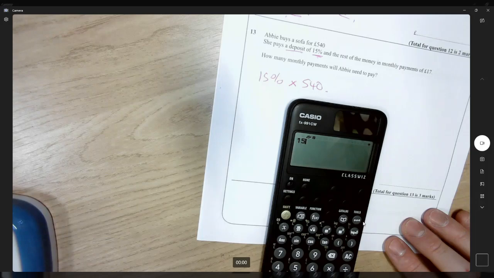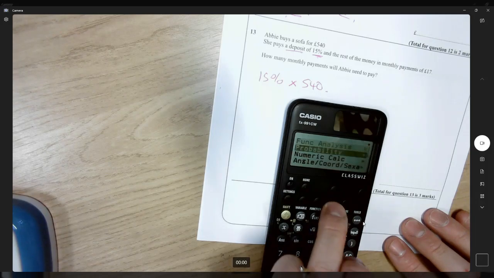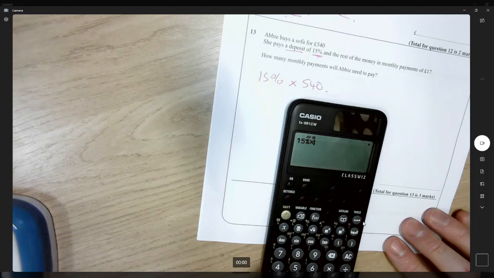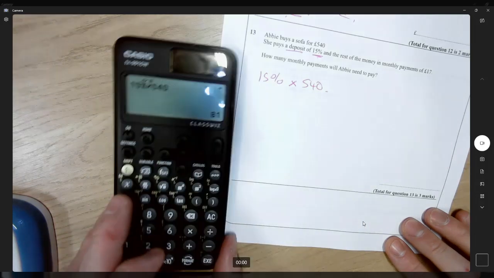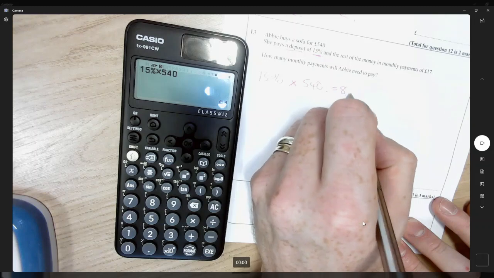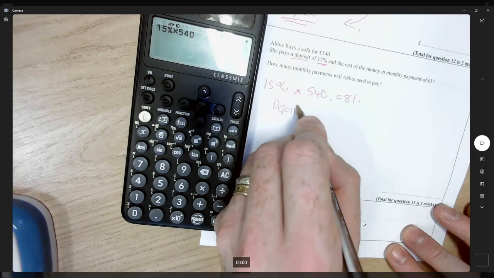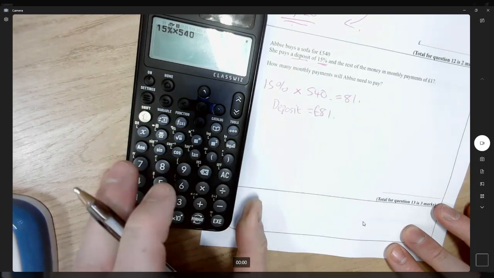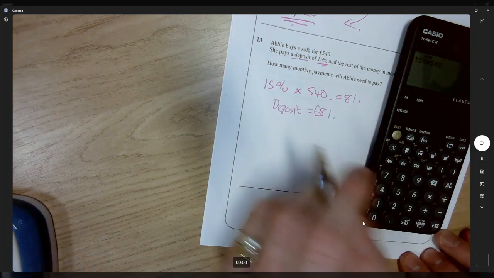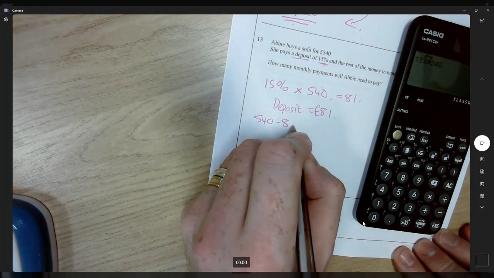So 15 percent times 540 gives 81. So that means the deposit that they put down is £81. But the sofa costs 540, so I need to do 540 take away 81.